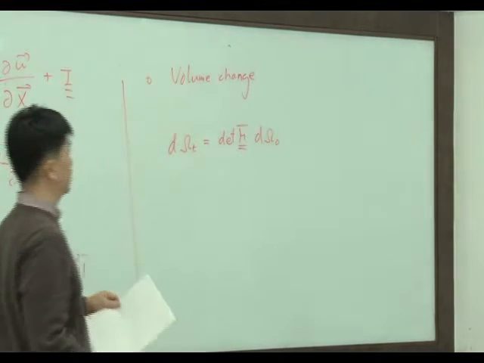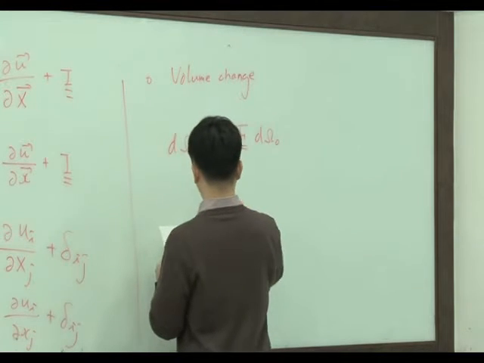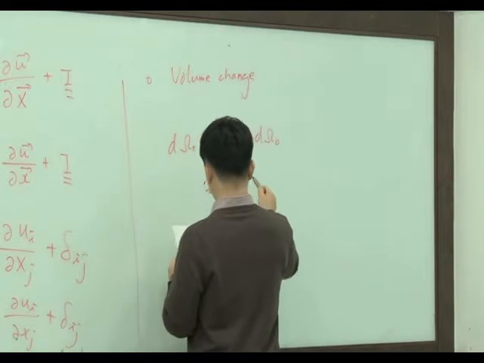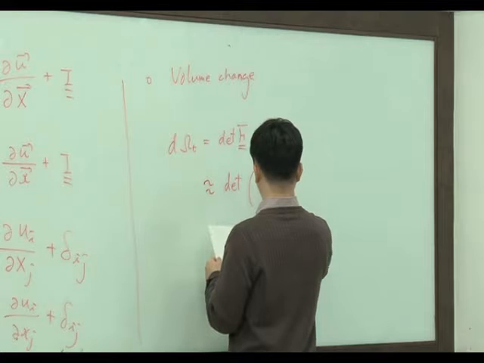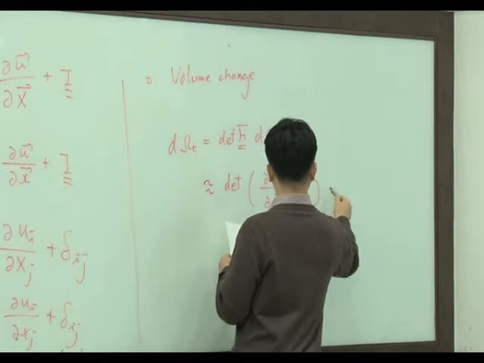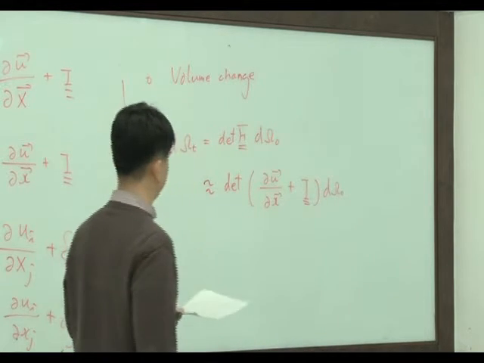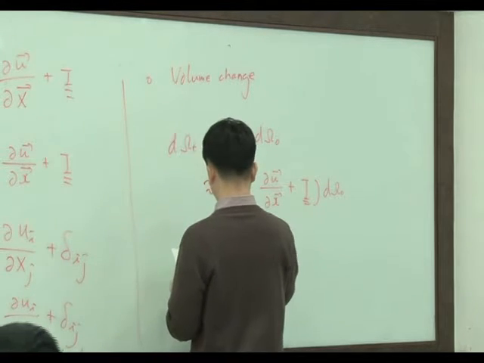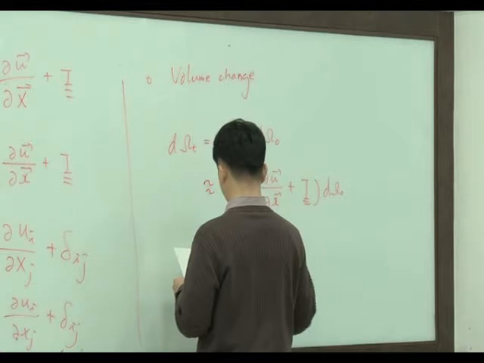This was the original equation in finite deformation theory, and it's similar to the determinant of gradient u plus I d omega 0, right? And okay, it's the same.